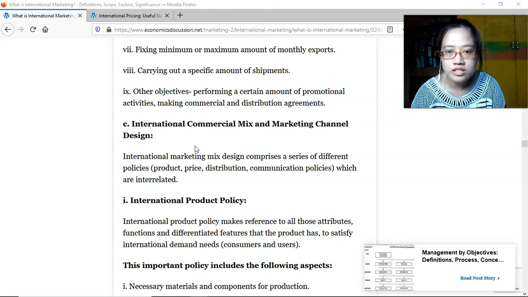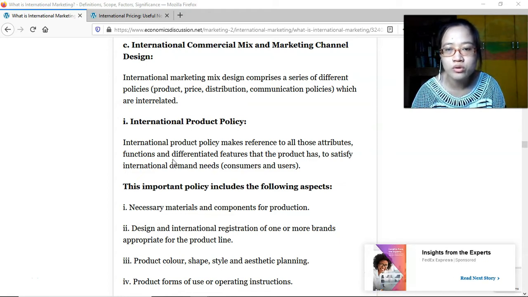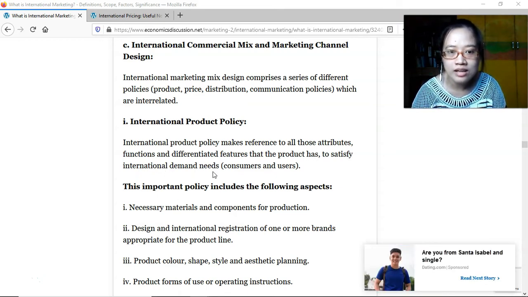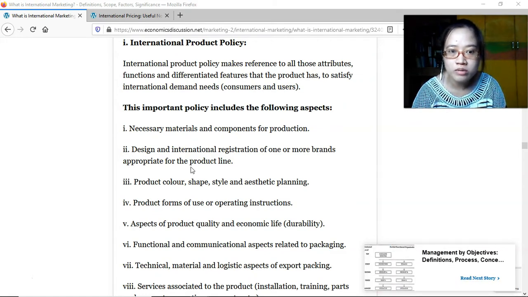International commercial mix and marketing channel design. International product policy makes reference to all those attributes, functions, and differentiated features that the product has to satisfy international demand needs, consumers and users. Important policy: necessary materials and components for production should be available.